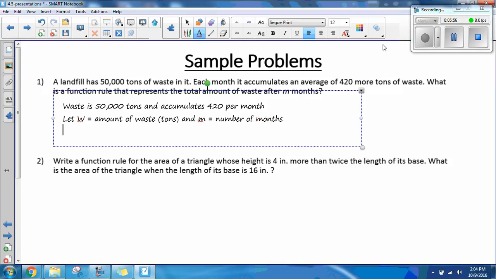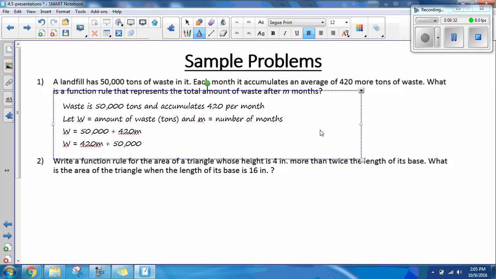So really we're saying W, the amount of waste in tons, is equal to the 50,000 that it started with plus 420 per month, which means we're multiplying by M. Now usually we write an equation with any terms with variables in it first, then the constants.